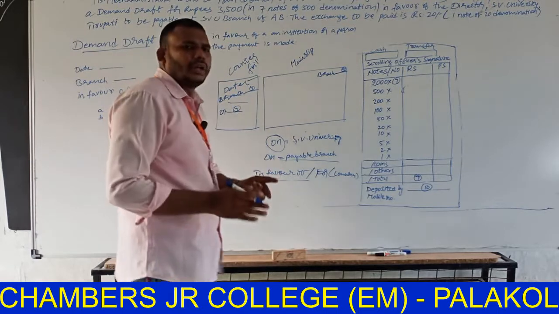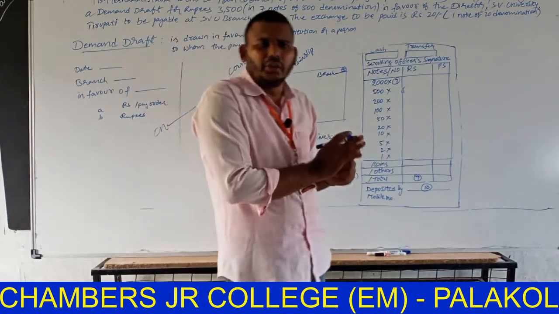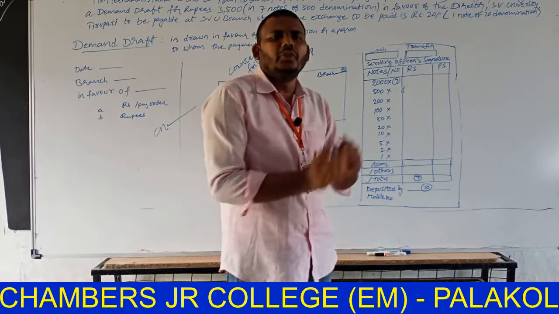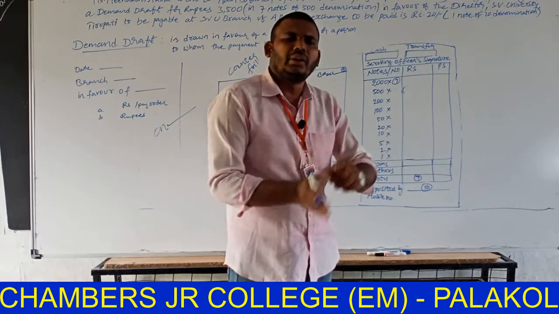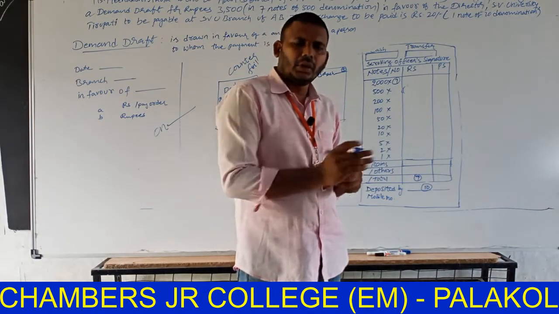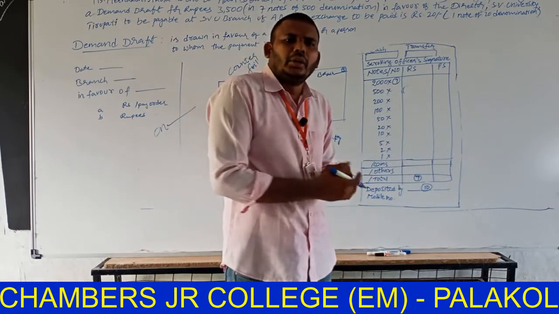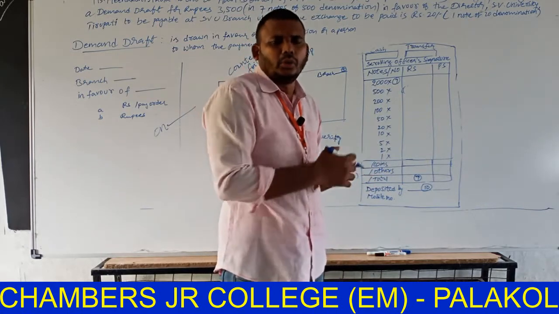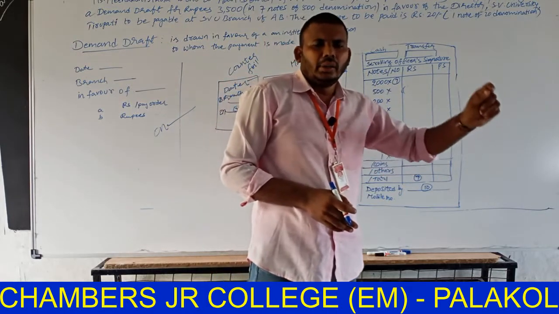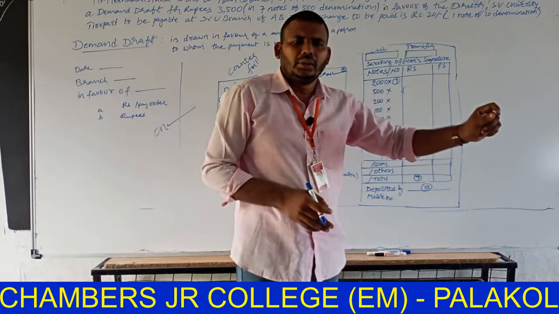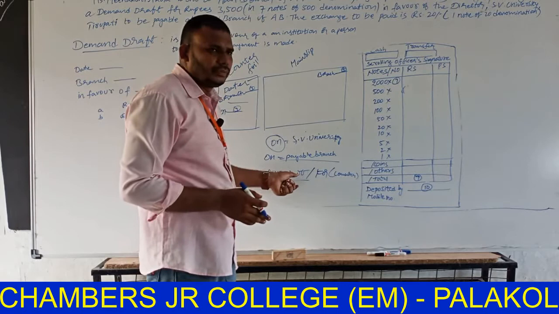Here we need to write the name with designation or name of the institution or name of the company along with the address. Address means you need not write any door number, area name or pin code. You just write the name of the company and the name of the city or area where the company is located. That's all.